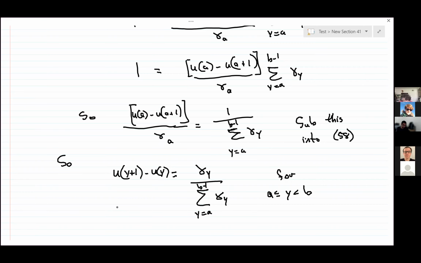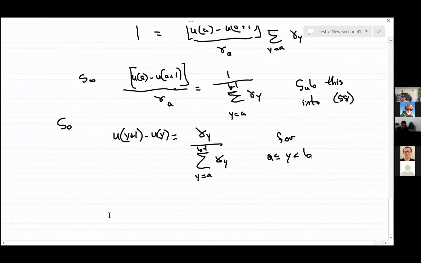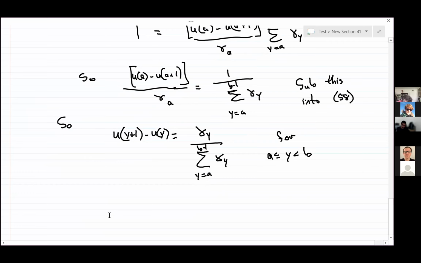Yes, but there's one more thing to do. And the last thing to do is take this equation, the preceding equation, and sum over y from x plus 1 all the way up to b minus 1.